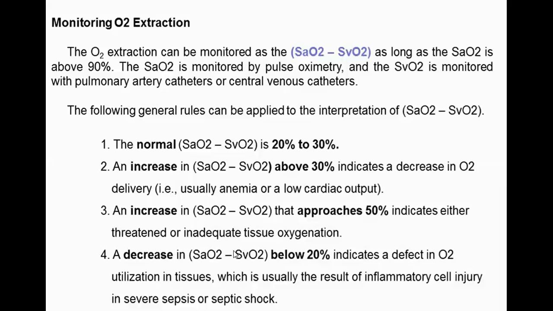A decrease in oxygen saturation can occur in the oxygen extraction, and what does it mean? Yes, it can occur. When? The extraction will decrease. It will become less than 20%, 15, 10%. What's the extraction?